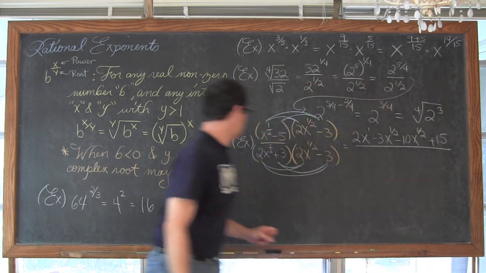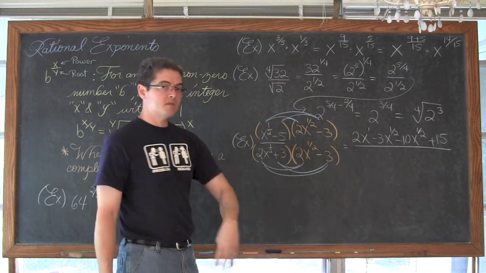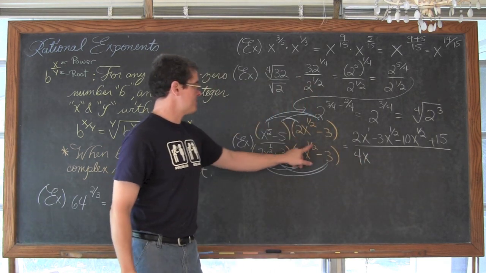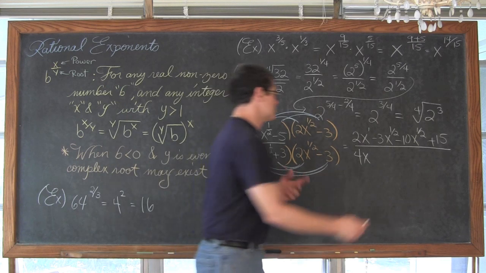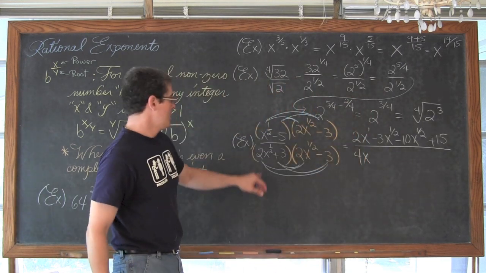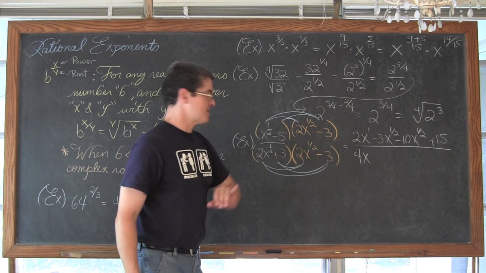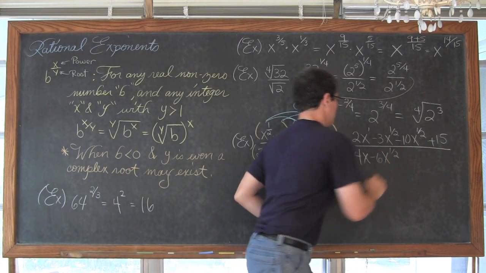All over 2x to the 1/2 times 2x to the 1/2. 2 times 2 is equal to 4. And again, we're going to add those exponents when we multiply like bases, and 1/2 plus 1/2 is equal to 1, so it's just going to be 4x. 2x to the 1/2 times negative 3 is negative 6x to the 1/2 power.